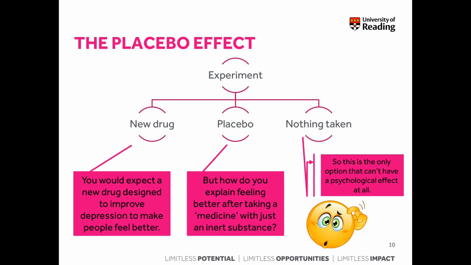Now here's an example. Research has shown that the efficacy of mood-altering drugs is due to expectations about their effect, and this is an example of the placebo effect. So what do we mean by this?